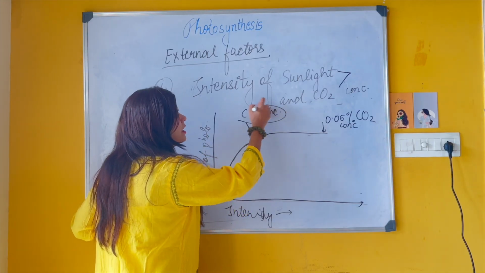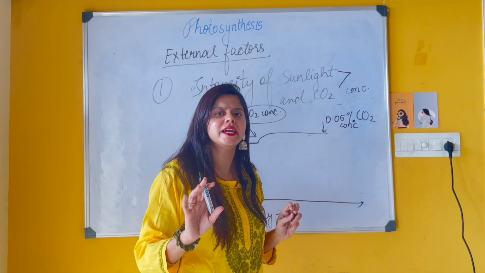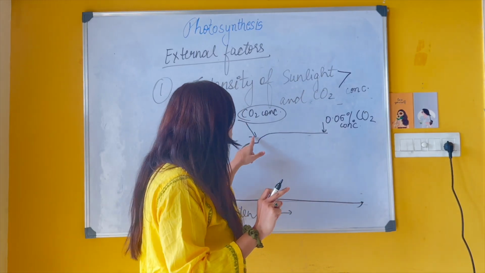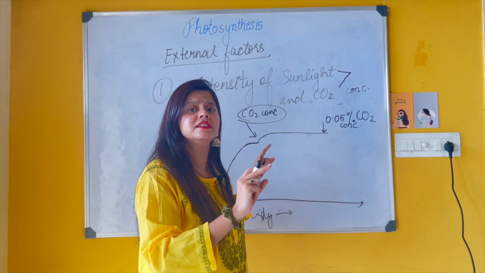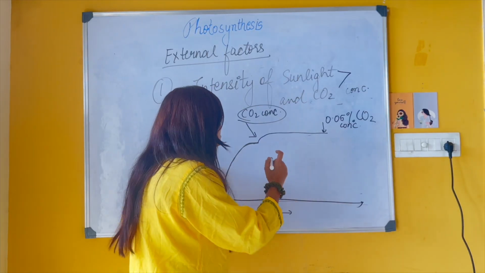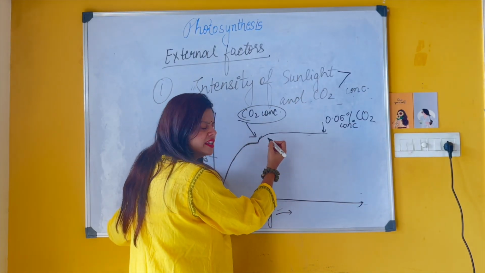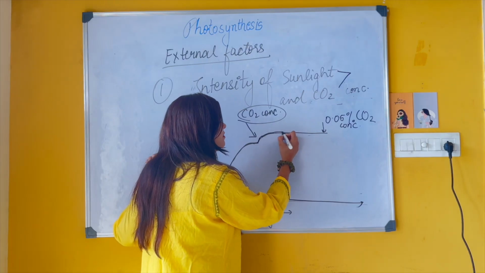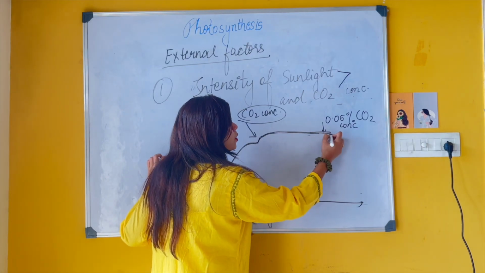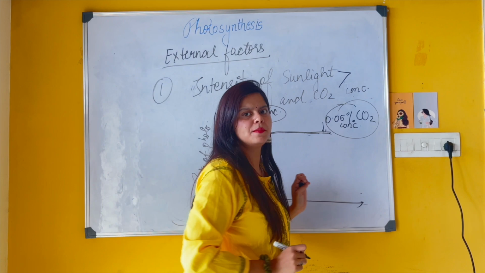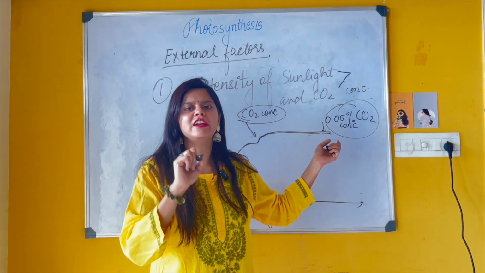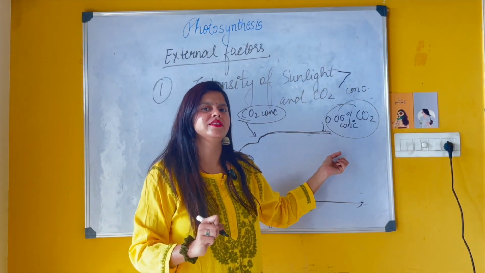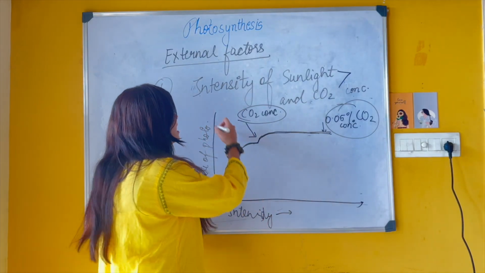At this point what is the limiting factor? Carbon dioxide concentration. At this point, if I start increasing carbon dioxide concentration, rate of photosynthesis will again increase for some time, but will again stabilize at a point. At which point will it stabilize again? 0.05% carbon dioxide concentration. Is this clear? This graph is important for you.